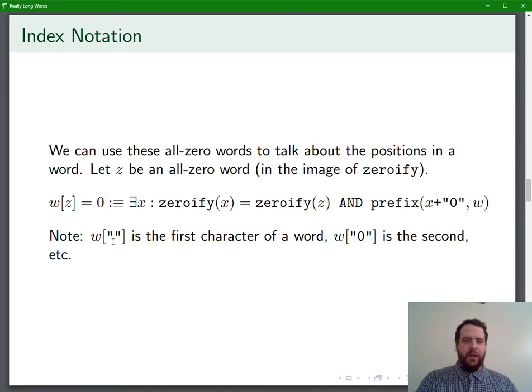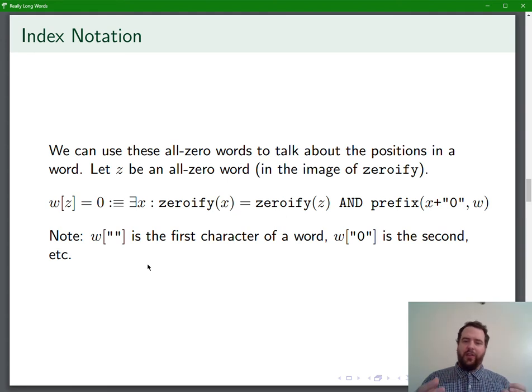So here, W of the empty word is actually just the first character in the word, according to this definition. It doesn't really matter how you set this up. Everything works out fine either way, no matter how you set up the notation. Maybe you have to fiddle with things a little bit in the formulas, but the important question is what sorts of things can we say with these formulas, and not how complicated is it to say these things.